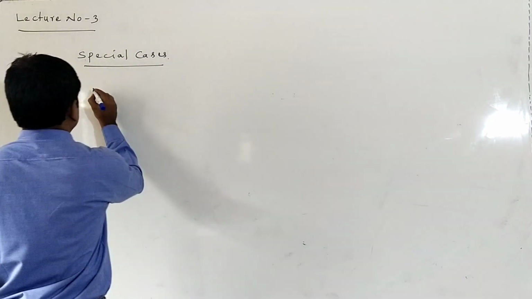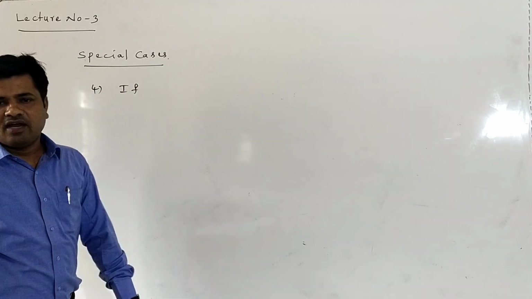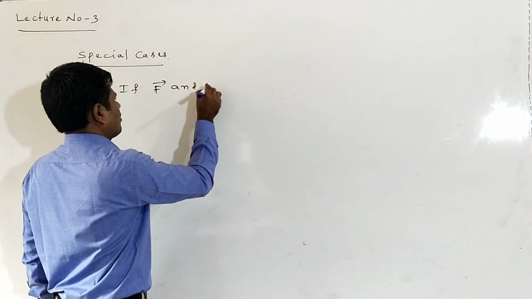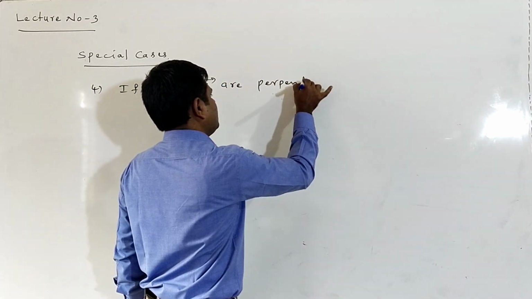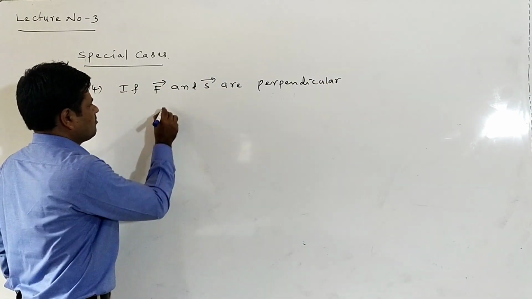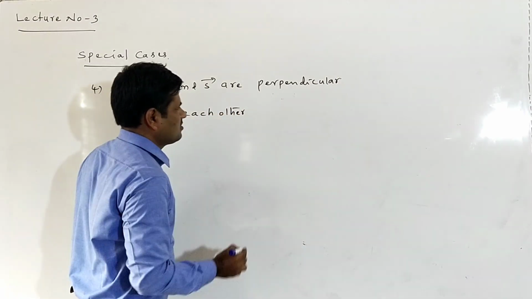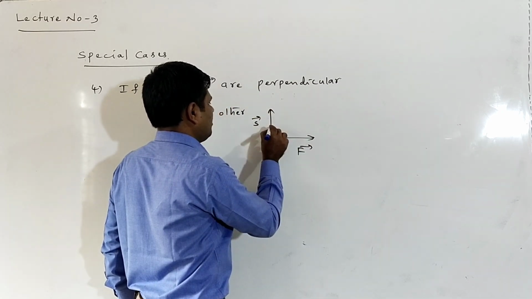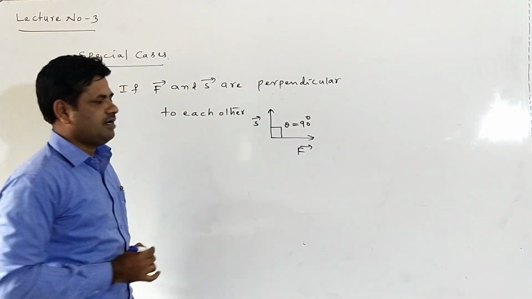Now the fourth one. If F bar and S bar are perpendicular to each other, perpendicular means the angle between these two, this is F bar, this is S bar, theta is equal to 90 degrees.